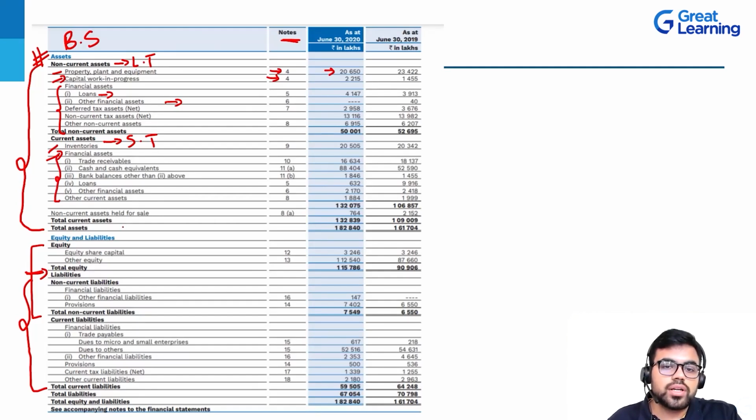Now, the total asset here is mentioned as 1,61,704 lakh rupees. So this figure is in lakhs. Now, in the second section, we have the equity part of it. So this is the share capital and the shareholders' equity capital.